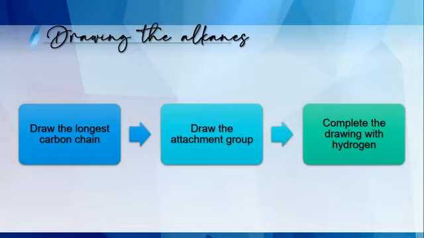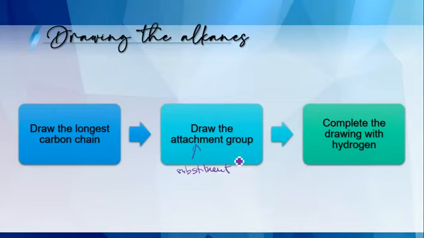Then draw the attachment group. For example, a methyl group consists of one carbon and three hydrogens. Then identify the location of the attachment group. Some books call it the attachment group, some books call it the substituent group.